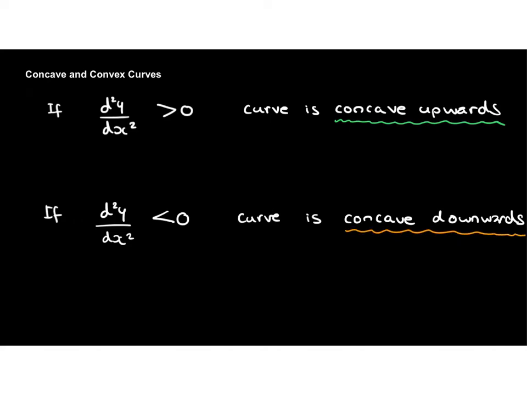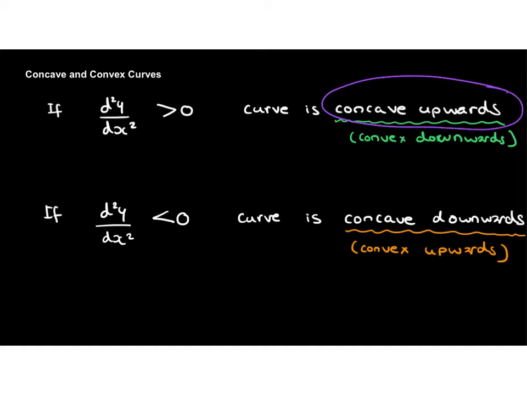There are other terms used here. Concave upwards is also sometimes called convex downwards, and almost the exact opposite of that, concave downwards is called convex upwards. But the terms that you will see used are concave upwards and concave downwards. So we'll focus on this terminology.